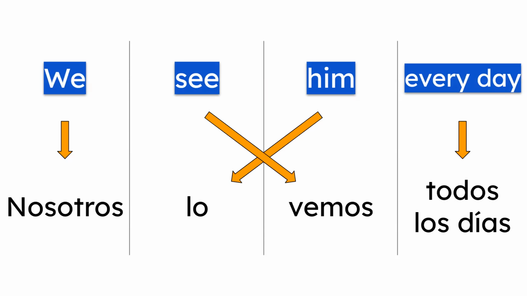So that is todos los días. Okay, no todas las días. Okay, let's say the whole sentence now. Nosotros lo vemos todos los días. Okay, it's your turn. Very good.